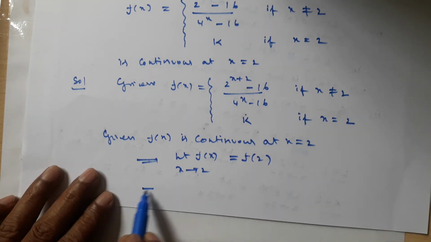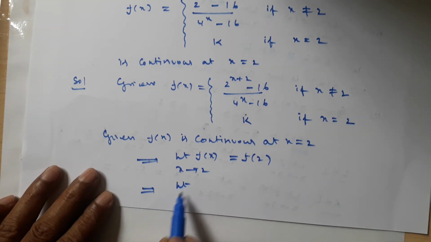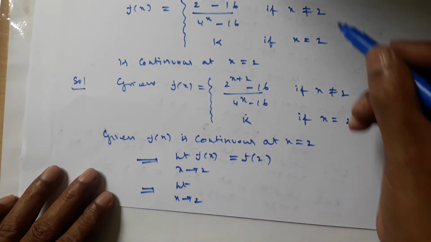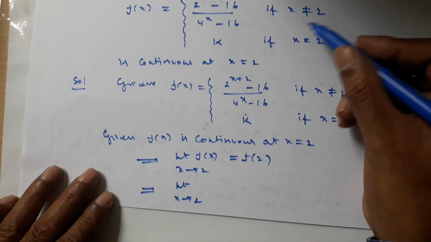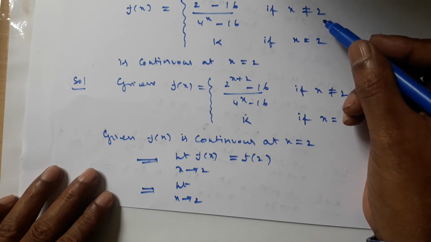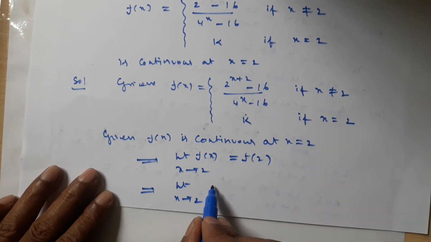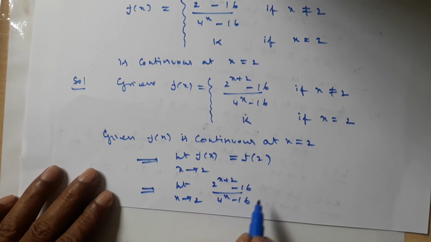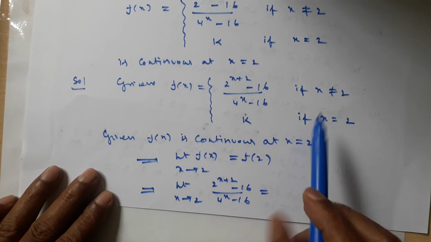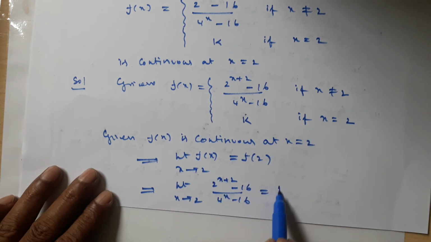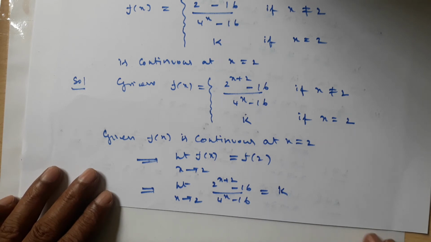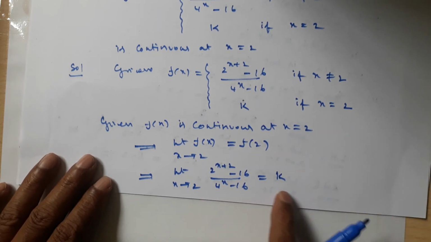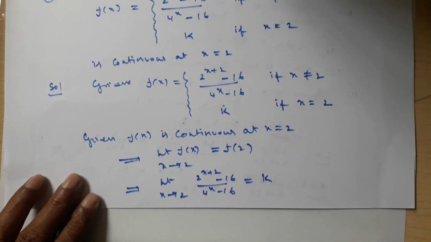This implies limit x tends to 2. Whenever x tends to 2, that means x is not equal to 2 exactly. So whenever x tends to 2, either from the left side or the right side, the function was defined 2 to the power of x plus 2 minus 16 divided by 4 power x minus 16, and when x is equal to 2, the function was defined as k. So simplify this limit value and find the value of k.